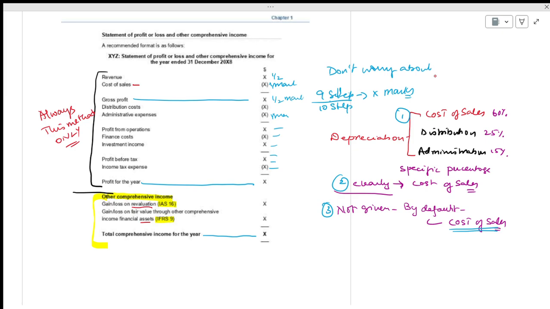But sir, if there is any gain or loss from selling an asset, we should put it under OCI. Okay, why is it under OCI? You have to ask me this question. That's very important because this is the business income or business expenses.